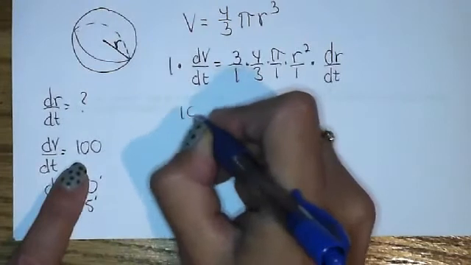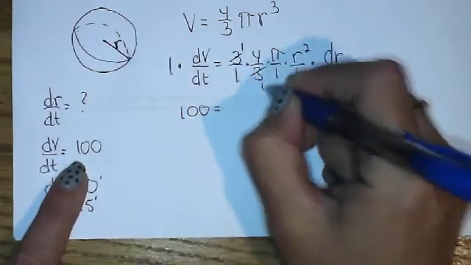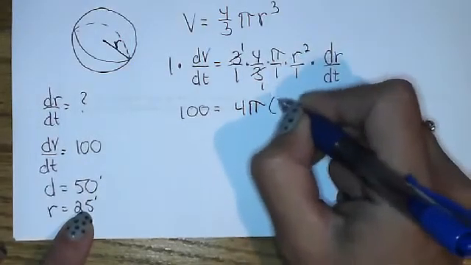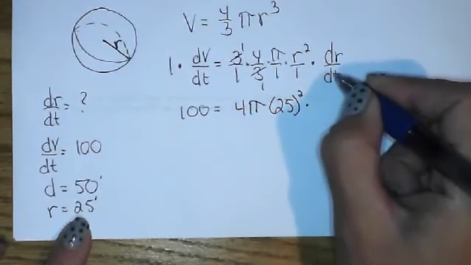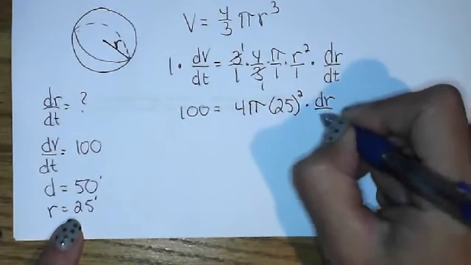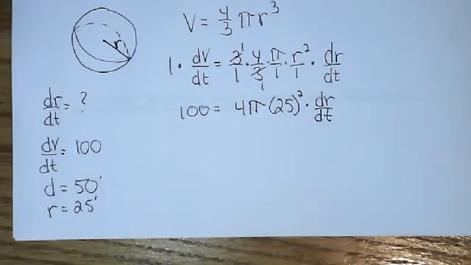So 1 times anything, I don't have to worry about that. dV/dt is the 100. Here I'm going to do a little simplifying. I'll have 4 pi, radius is 25, gotta square that. And then dr/dt is what I'm trying to solve for.